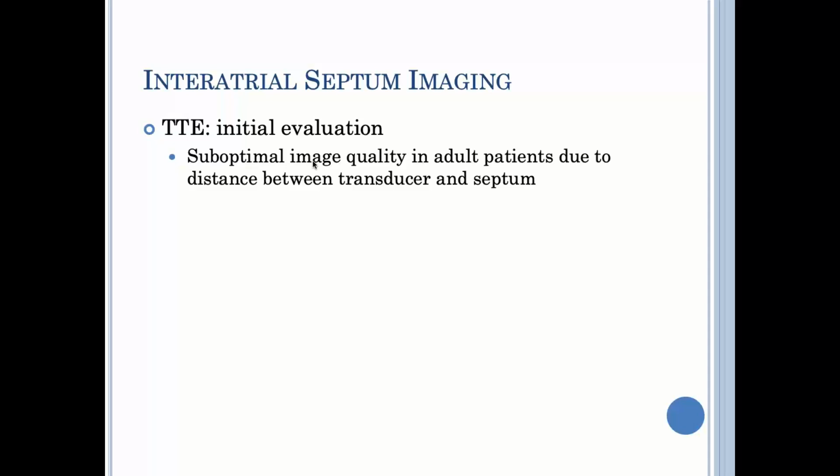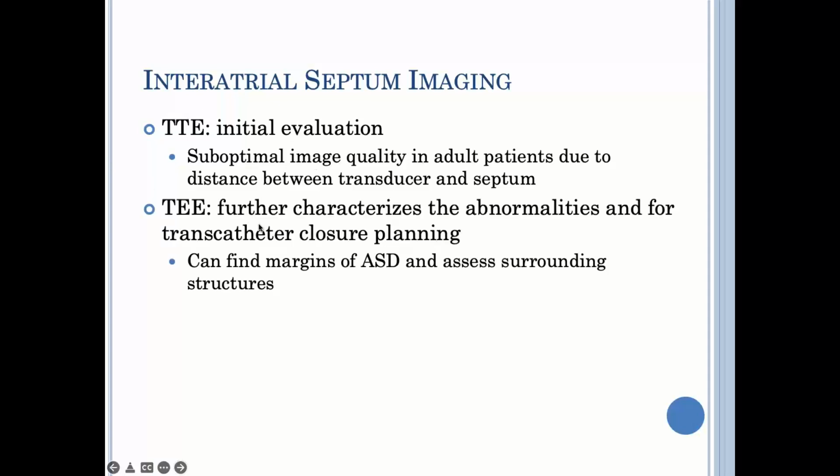There are limitations, especially in adult patients, in trying to have a good look and interrogation of the septum with a transducer. And so other modalities like a TEE are used if there's clinical suspicion or need for further characterization of the abnormalities.